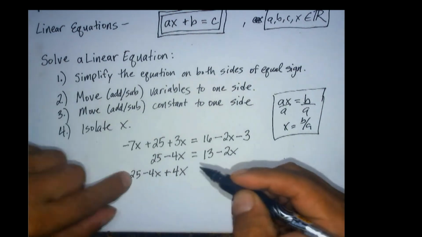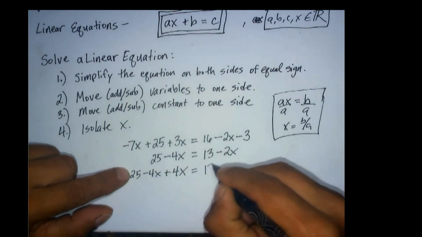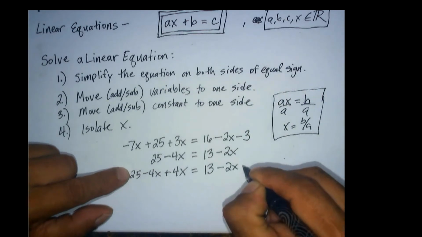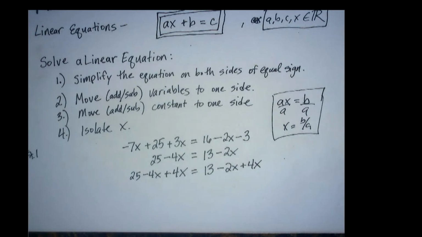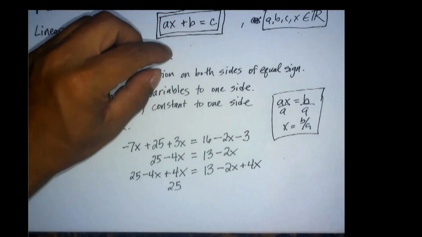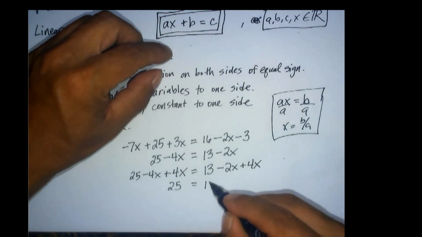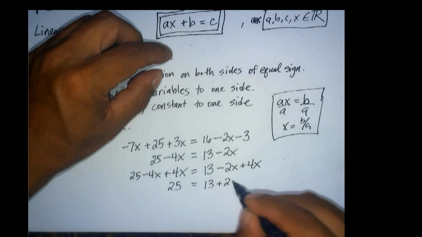And now there aren't any x's on this side of the equation, right? But we gotta do it on the other side too. So on this side, all that's left is 25. And on this side, we have 13. And 4 minus 2 is positive 2x.